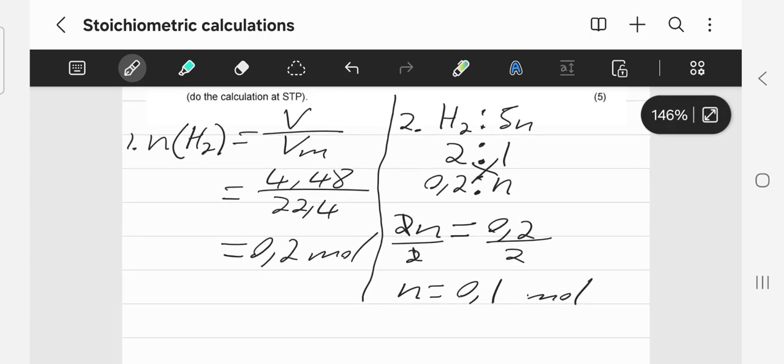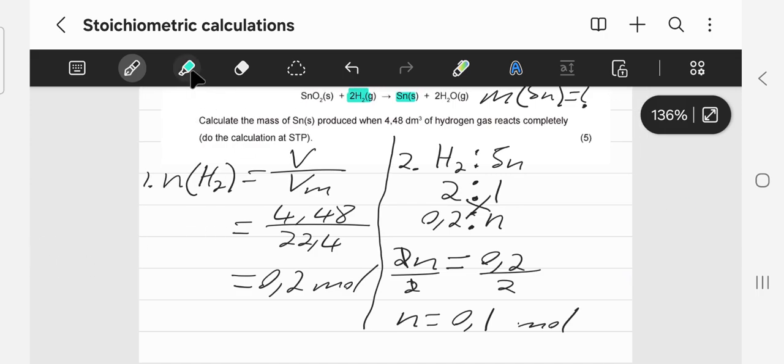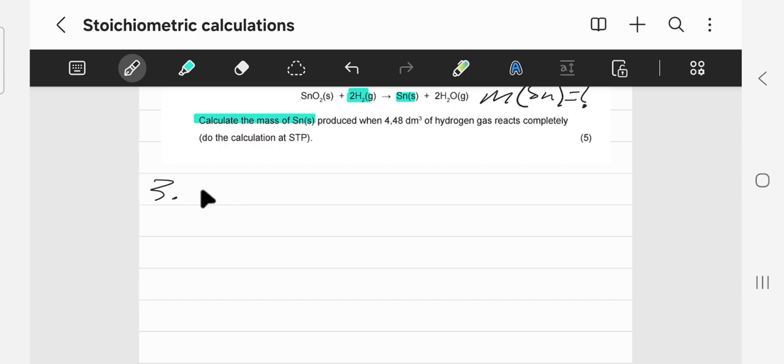What is our step number 3? Our step number 3 is to finally find what they asked us to find, which is what? The mass. The instruction was to calculate the mass of Sn, which is tin. So that's what we are going to do. Can you guess the formula that we are going to make use of, guys? The formula we are going to use is the mole equation.